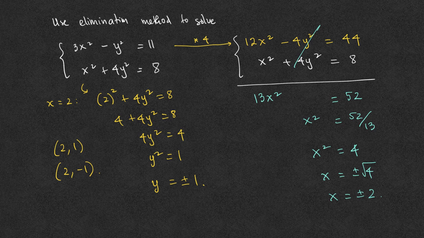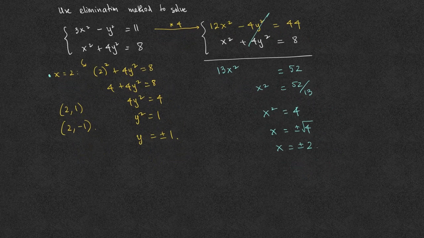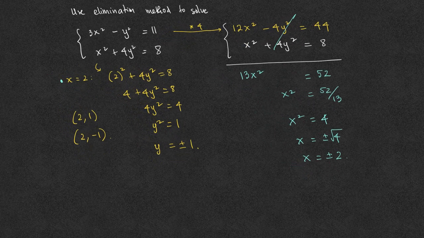We have only plugged in x equals 2. We still have x equals negative 2. When x equals negative 2, the second equation is negative 2 squared plus 4y squared equals 8.